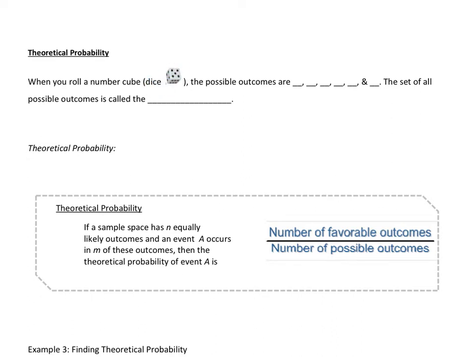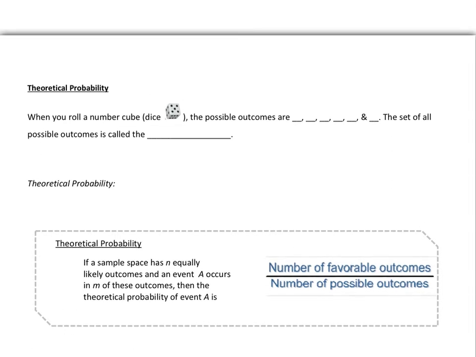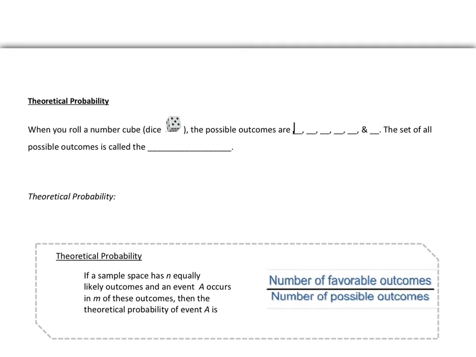The possible outcomes are 1, 2, 3, 4, 5, and 6. We're talking about a regular cube. I know there's weird, crazy ones, but we're talking about a 6-sided cube. The set of all possible outcomes is called the sample space. So for a cube, the sample space is 1, 2, 3, 4, 5, 6.